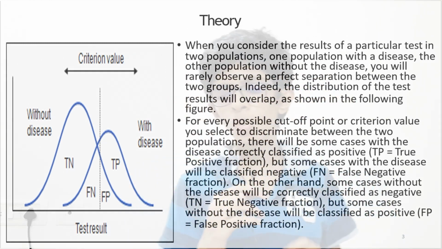On the other hand, some cases without the disease will be correctly classified as negative, TN equals true negative fraction, but some cases without the disease will be classified as positive, FP equals false positive fraction.